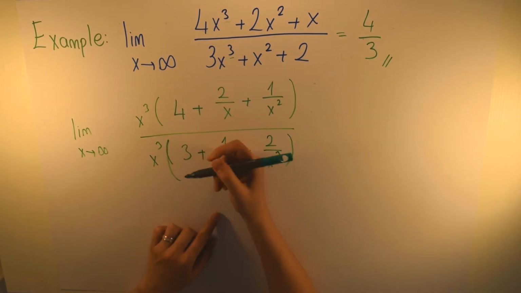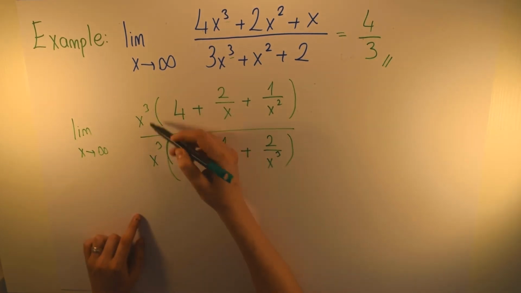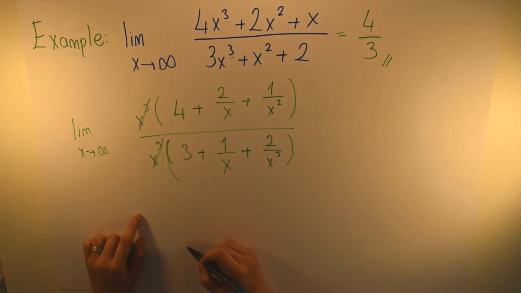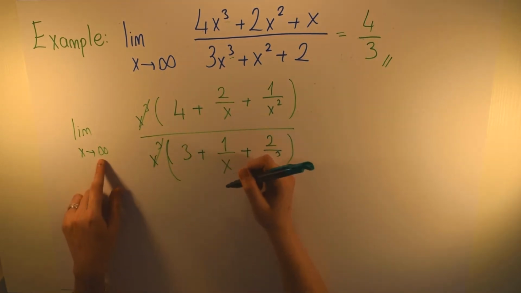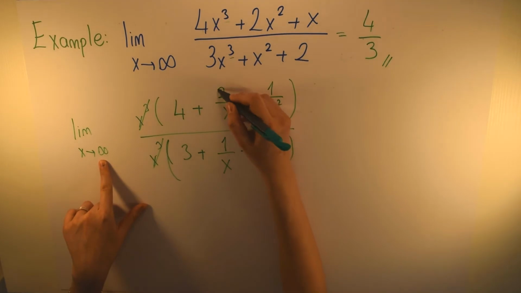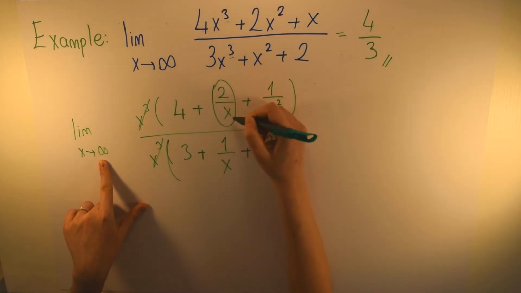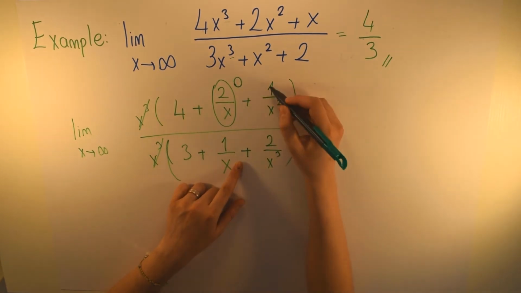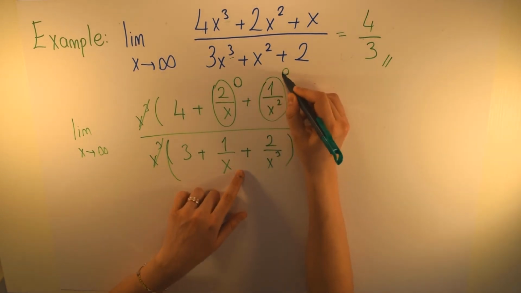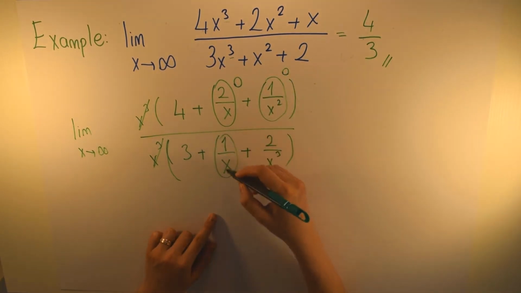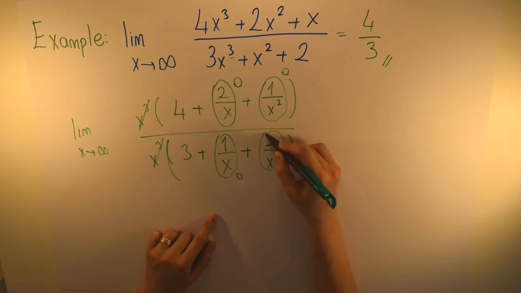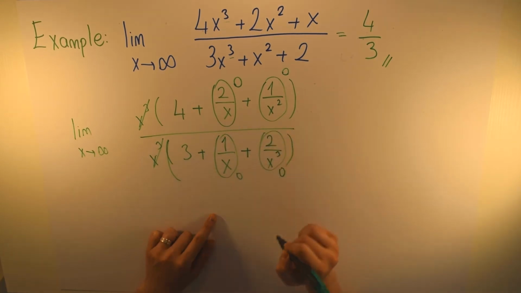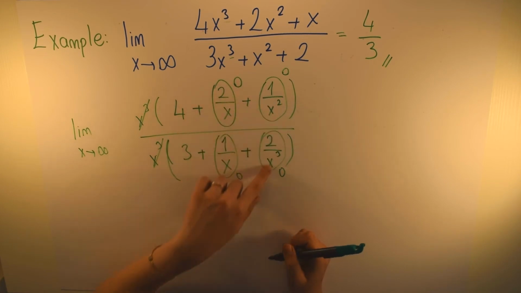Now as you can see, we have x cubed, so I can cancel out these two, and now we can put infinity instead of x. When you put infinity instead of x here, 2 over infinity is equal to 0, 1 over infinity is equal to 0, 1 over infinity is equal to 0, and 2 over infinity is equal to 0. As you can see, these are all equal to 0.